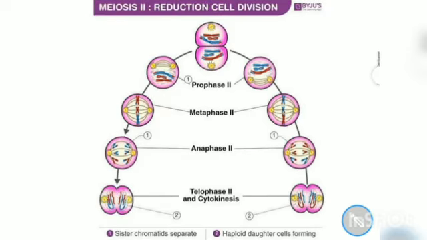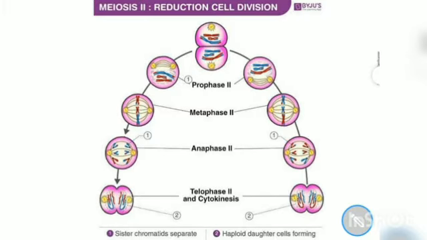The chromosomes gradually become visible and distinct. The nuclear membrane and nucleolus disappear. At the end of prophase 2, each chromosome has one centromere and two sister chromatids.